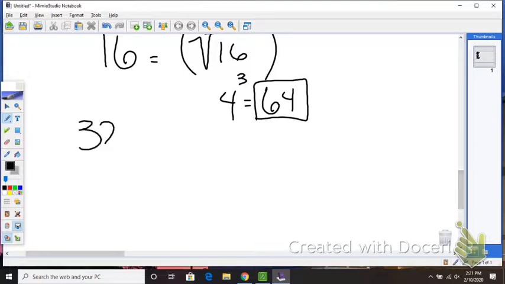Okay, let's try another one. Let's try 32 raised to the 2/5 power. I'm going to let you guys work, so you have the rest of the time to work. You guys try this all on your own.